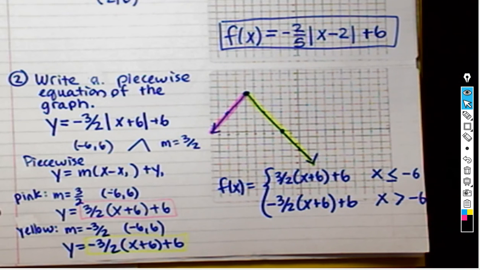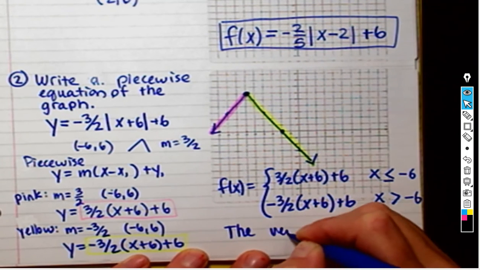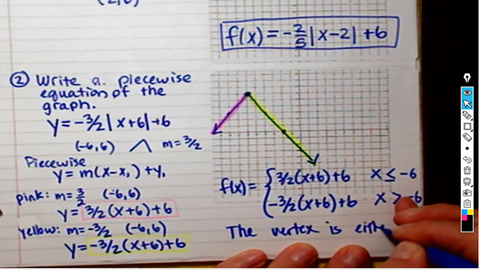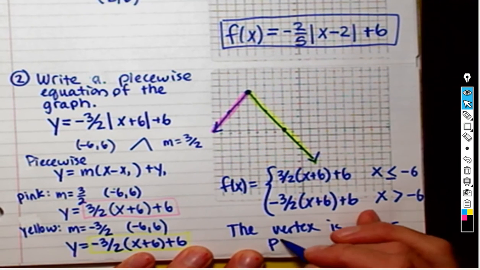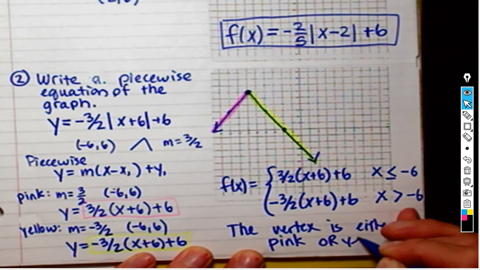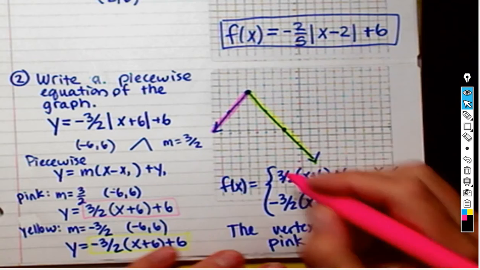That's the only catch with the domain here. It's accepted either way. So the vertex is either pink or yellow, not both. And it doesn't really matter which.